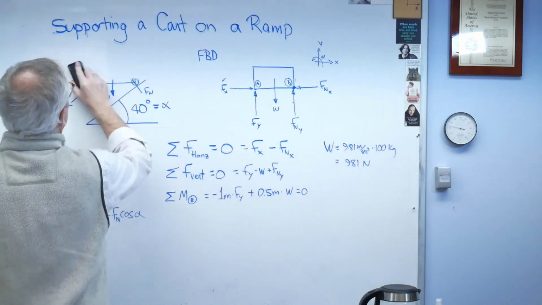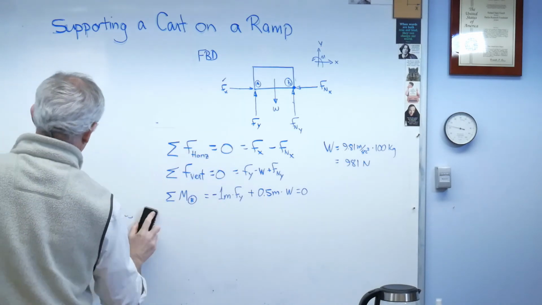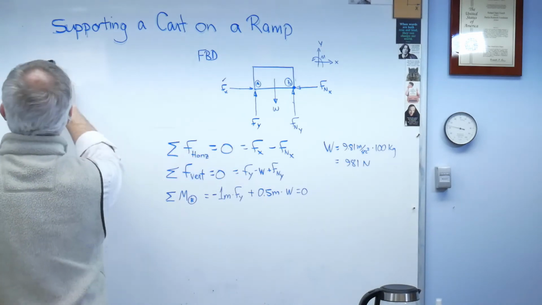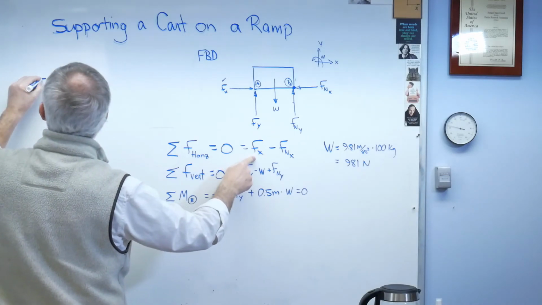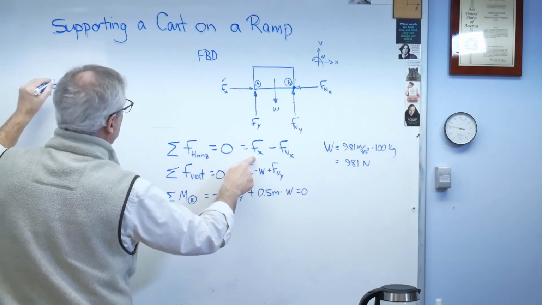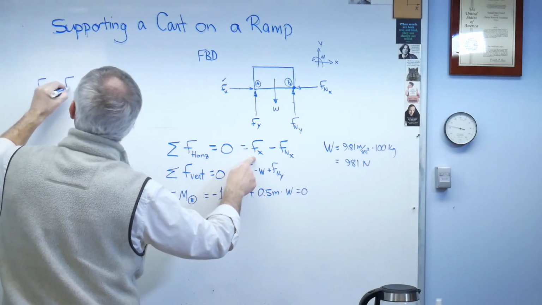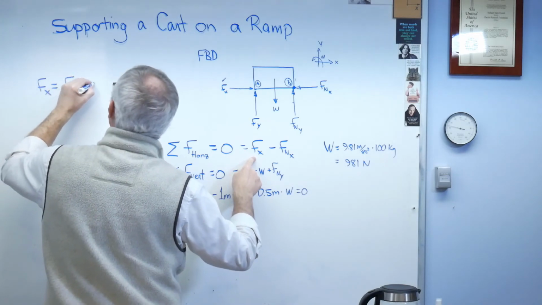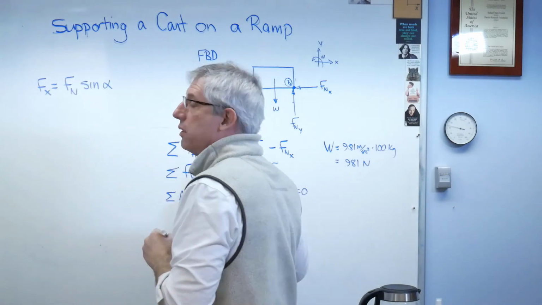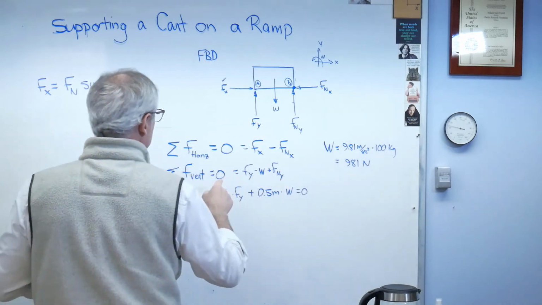So let me get rid of all this stuff. Okay, so Fx, I really don't know what Fx is. So there's Fn, and that's going to be sine alpha. So there's one equation. Next equation.